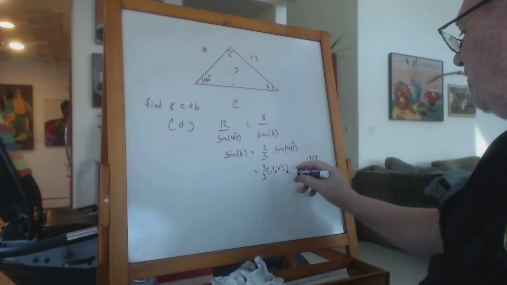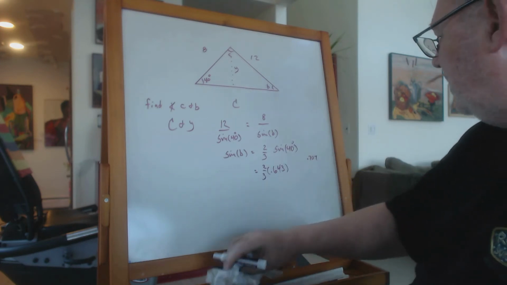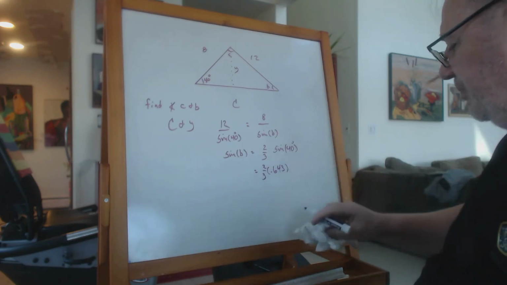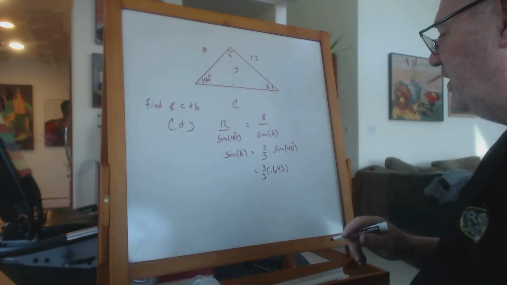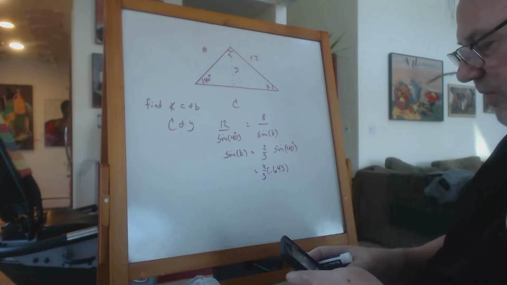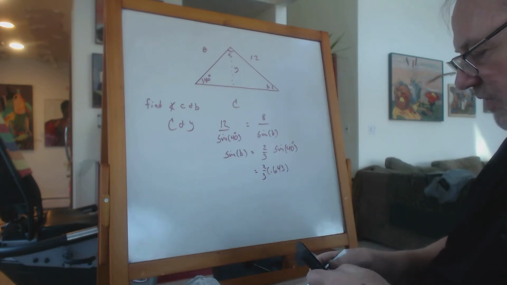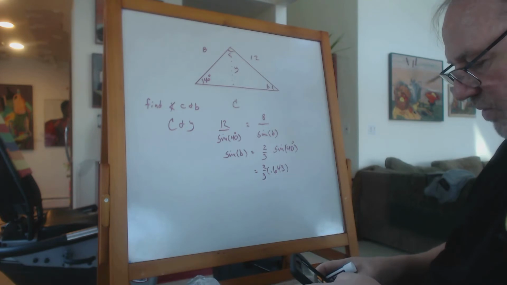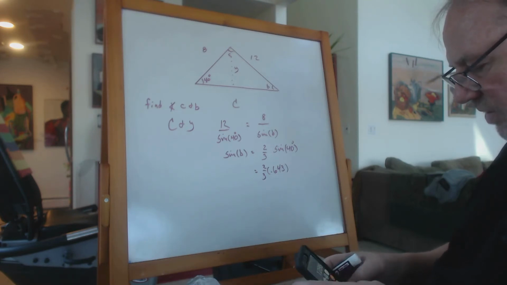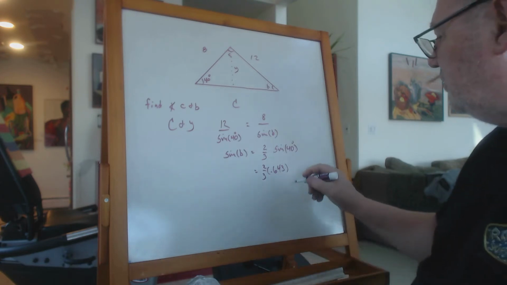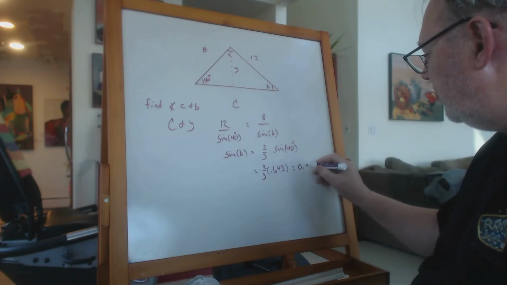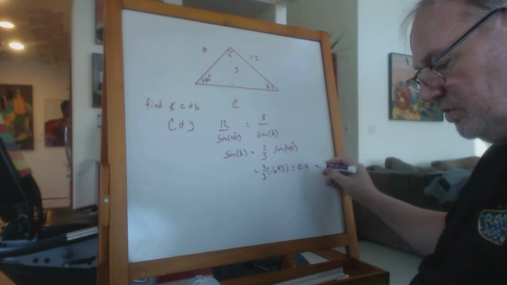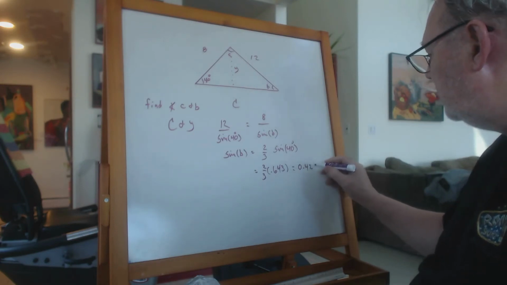So we'd be off by a fair bit if we used 45. It makes a significant difference. So when we look at this, we have 0.643 times 2 divided by 3 is equal to 0.429.